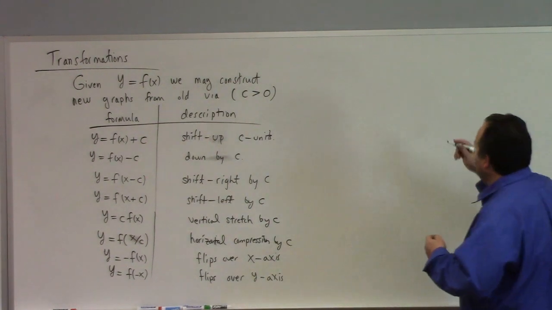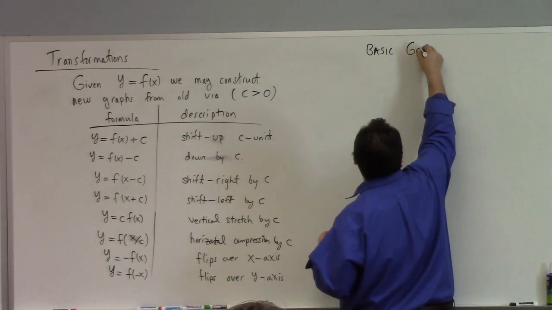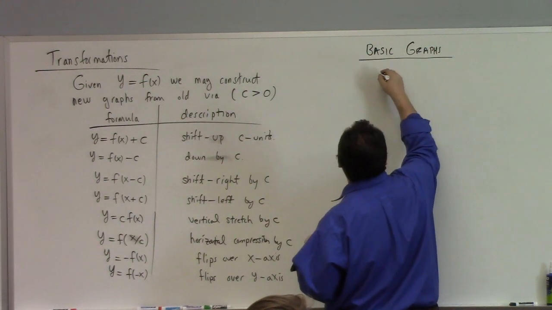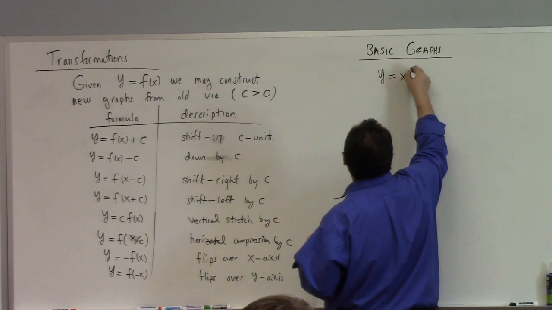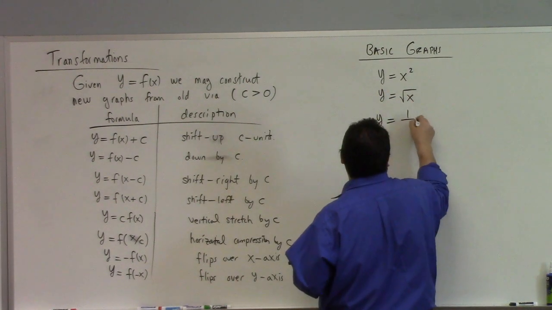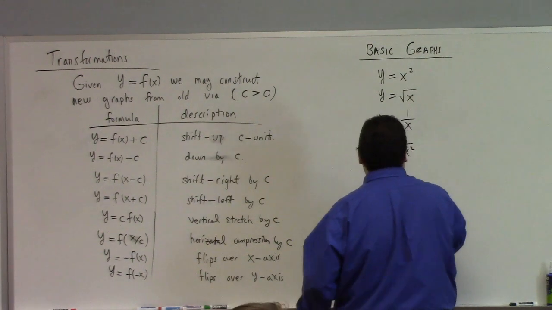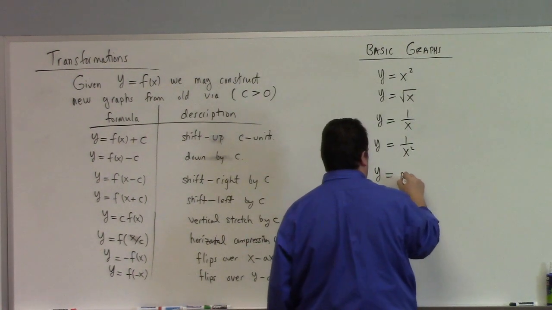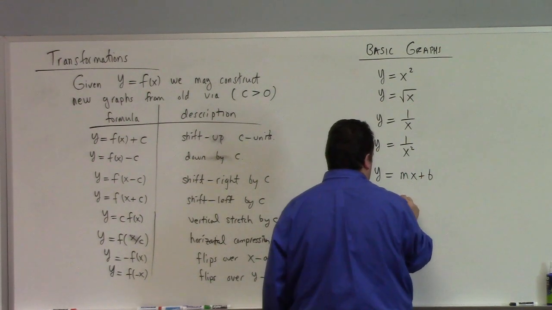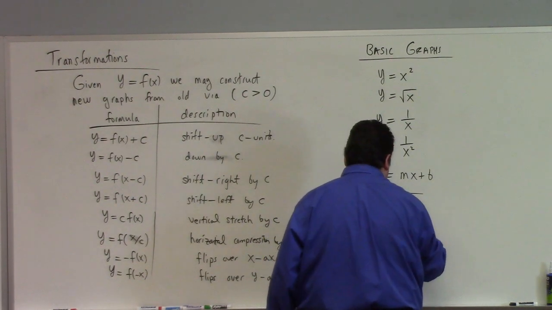So what are our basic graphs? For example, y equals x squared, y equals the square root of x, y equals 1 over x, y equals 1 over x squared, y equals mx plus b, y equals the cube root of x, y equals the absolute value of x.